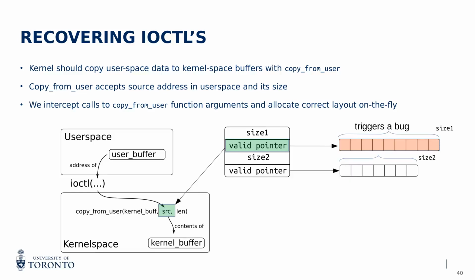If we go back to our example, the location of the field that should contain a pointer will appear in the copy from user function as the second argument. And the size of the array it points to will appear as the third argument. In a simplified way, this is how we learn what parts of the structure should contain pointers, and we also learn field interdependencies.